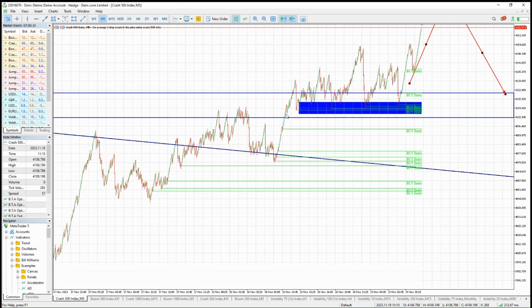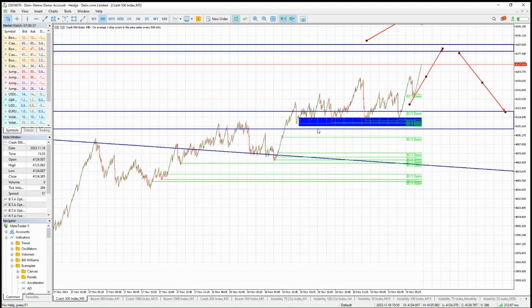Now, can you see this blue box that was automatically placed by our indicator to show you that this is a major support zone. So each and every time your price came to this level, you're simply supposed to enter into a buy trade. Okay, that's what this blue box basically means.